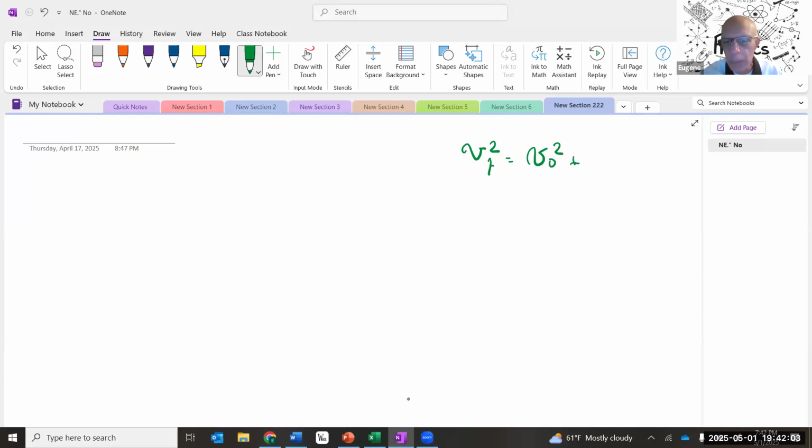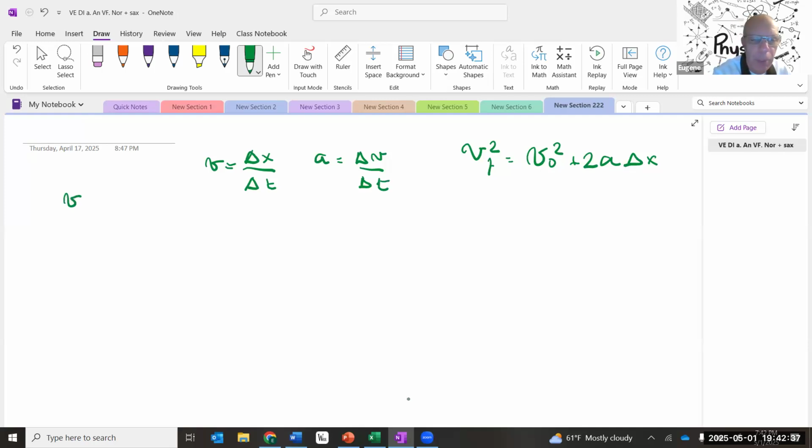So you guys remember this formula, right? I hope so. All those formulas start from the definition of velocity, right? The definition of velocity is the rate of change of the displacement, right? And then the acceleration is the rate of change of velocity.